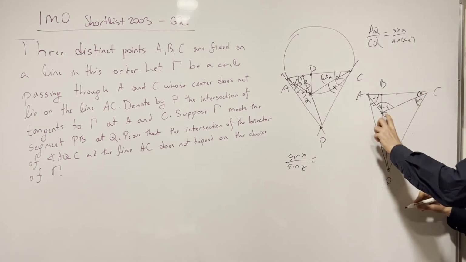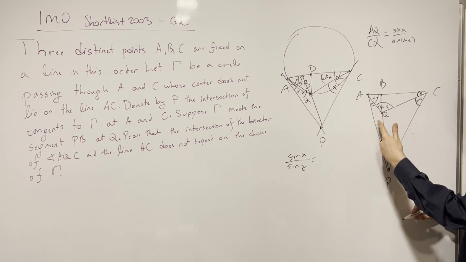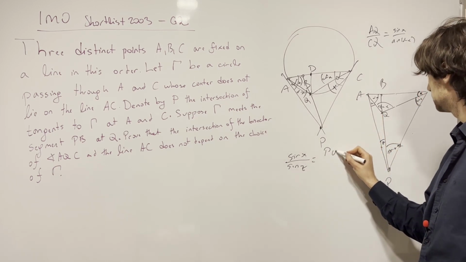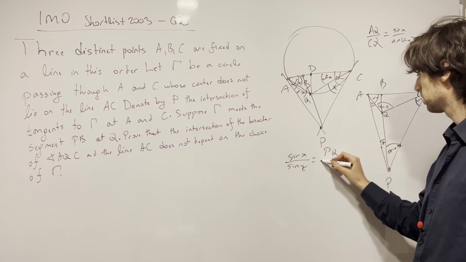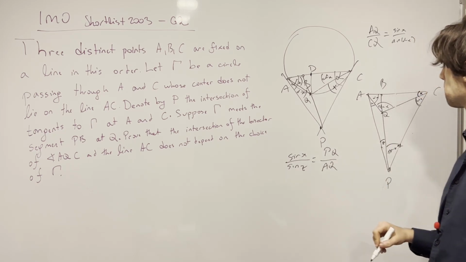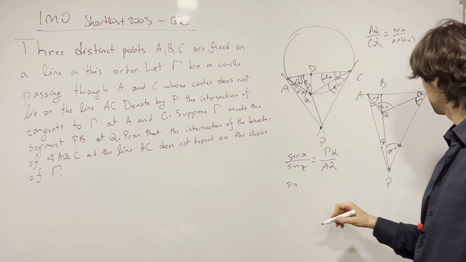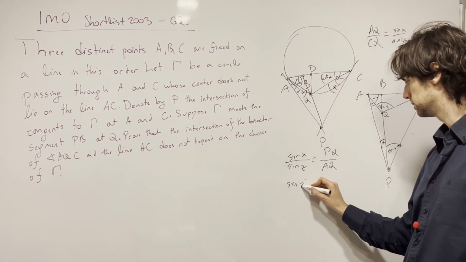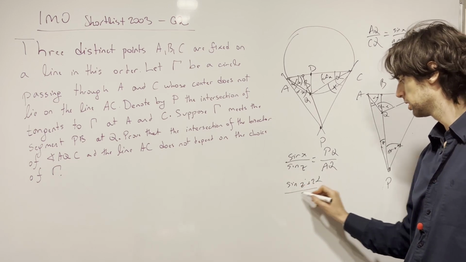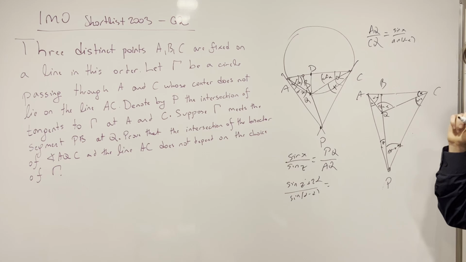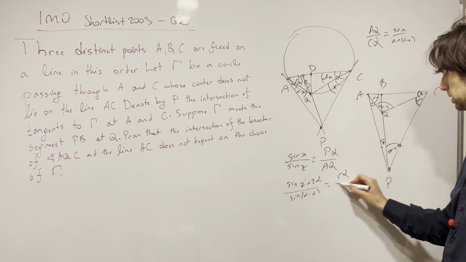I'm looking at it here because it will give me PQ twice, and then those will cancel out. So this is equal to PQ over AQ. And then sine of Z plus 2 alpha, or sine of alpha minus x, is equal to CQ over PQ.